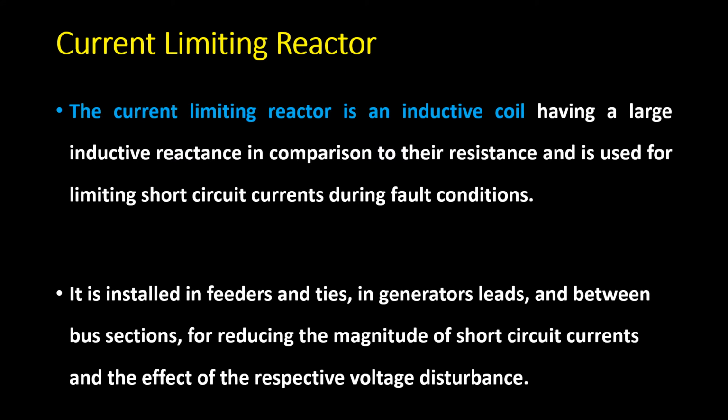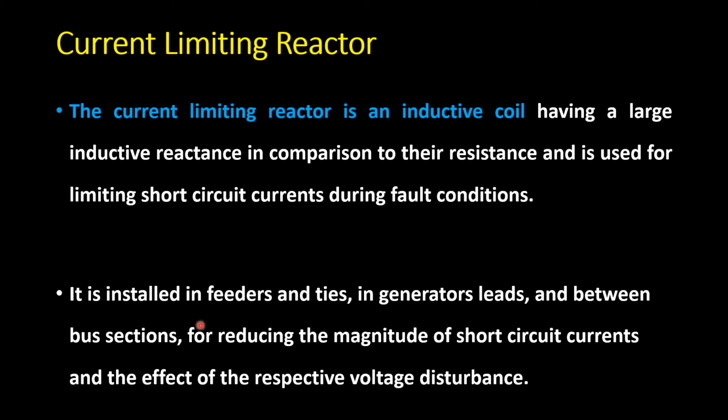So let us start with the actual discussion on current limiting reactor. The current limiting reactor is an inductive coil having a large inductive reactance in comparison to its resistance, and is used for limiting short circuit current during fault conditions.